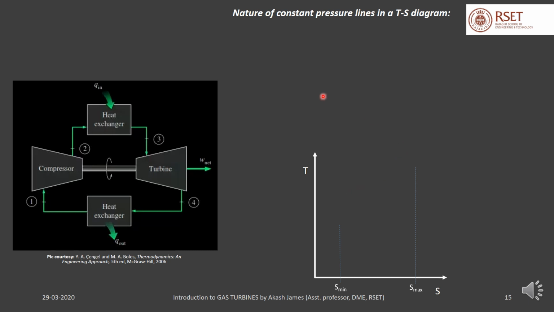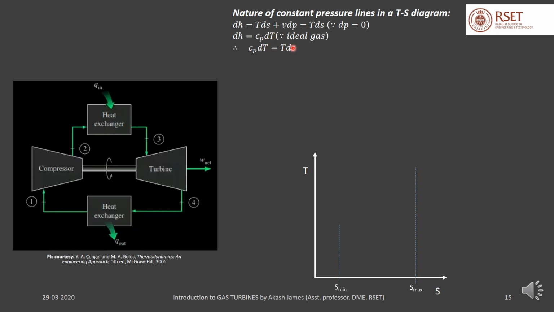From the thermodynamic relations we have studied, we know that dH is equal to TdS plus VdP, and since the pressure is constant, dP is equal to 0, so this term vanishes and dH is equal to TdS. And since this is an ideal gas, dH is equal to Cp dT. If you equate the right hand side of both these equations, you will get Cp dT is equal to TdS.